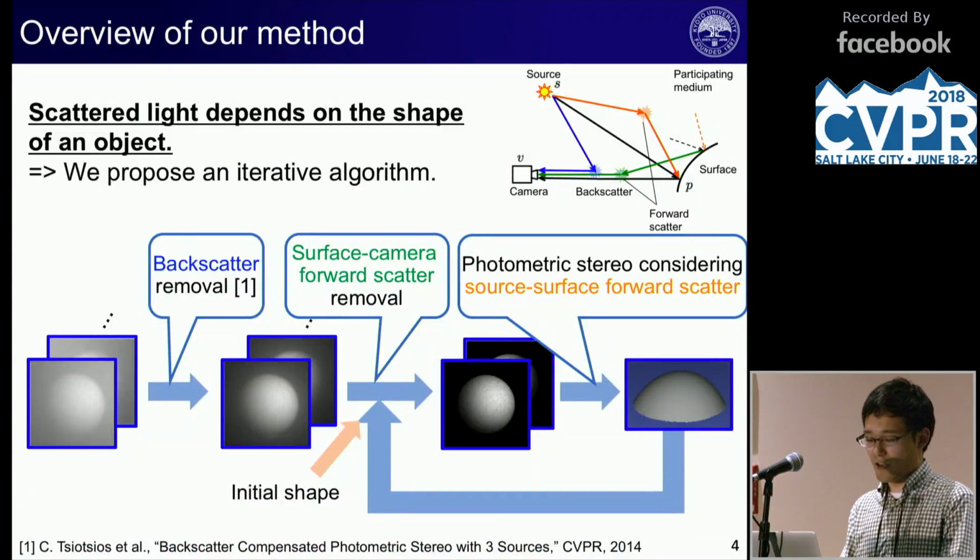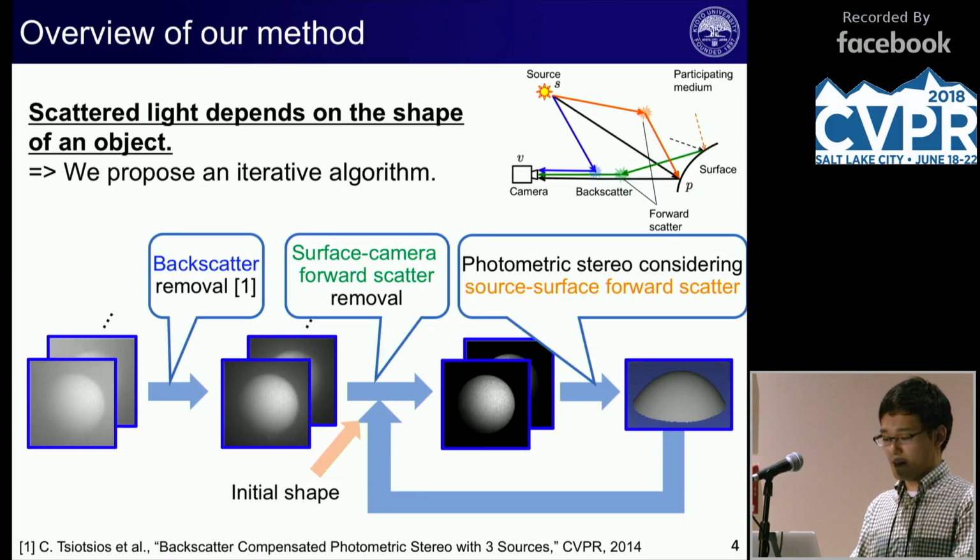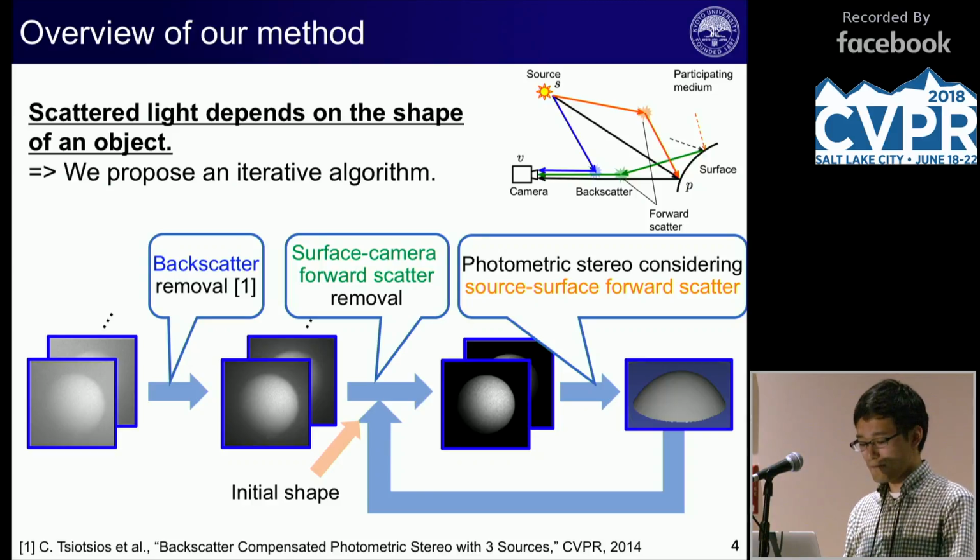This is the overview of our method. It is important to know that scattered light depends on the shape of object. So we propose an iterative algorithm. First, we remove backscatter using a previous method.